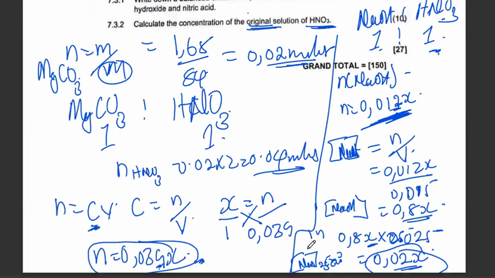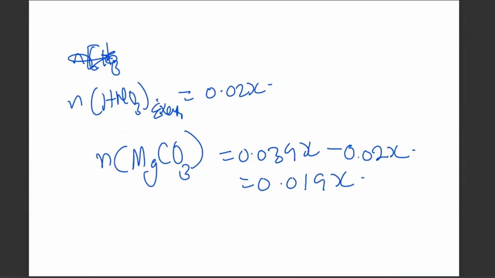Now I have to equate it to the number of moles which we calculated there, which is 0.04. From there I will be able to calculate my x, whereby x is equal, if I divide, to 2.11.